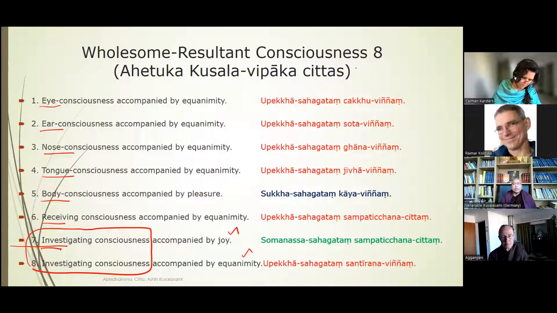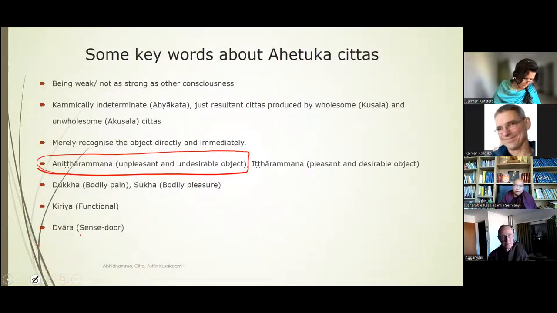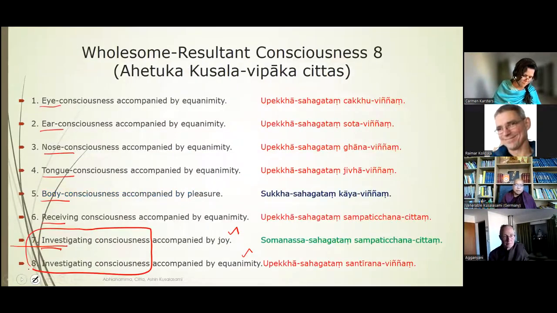These 8 consciousnesses appear when we have the itthārammaṇa, a pleasant and desirable object. It means if you see a pleasant, beautiful, desirable object, this is not because of others, but because of your good karma in the past.